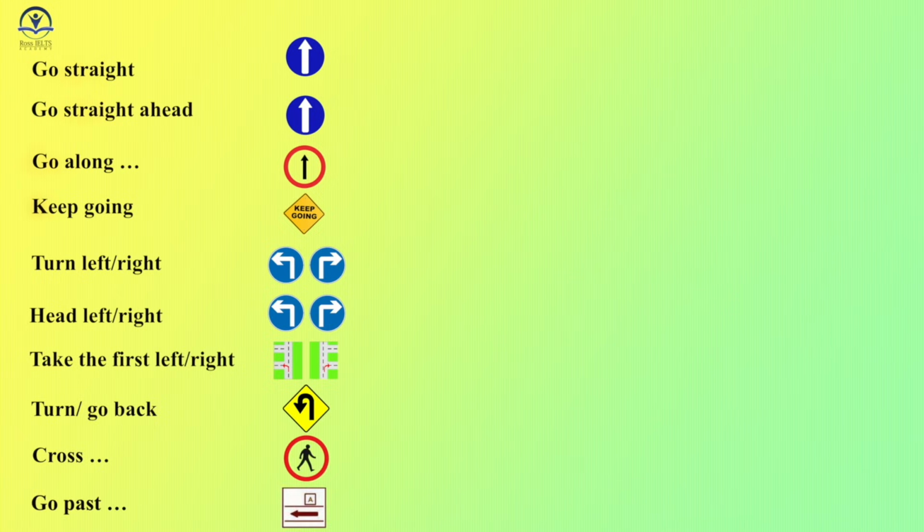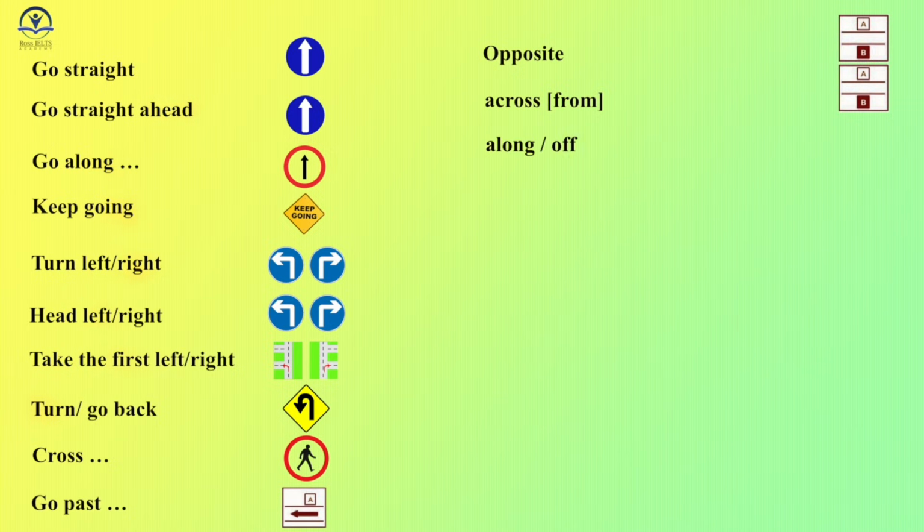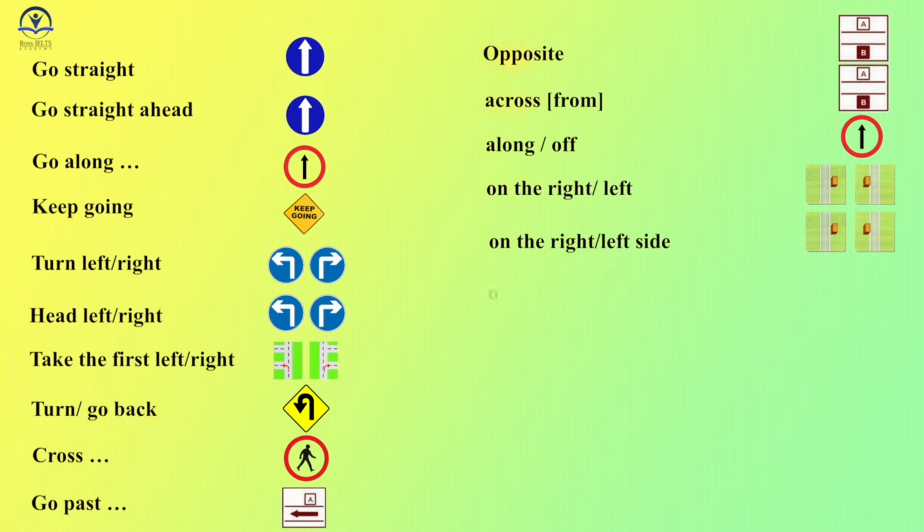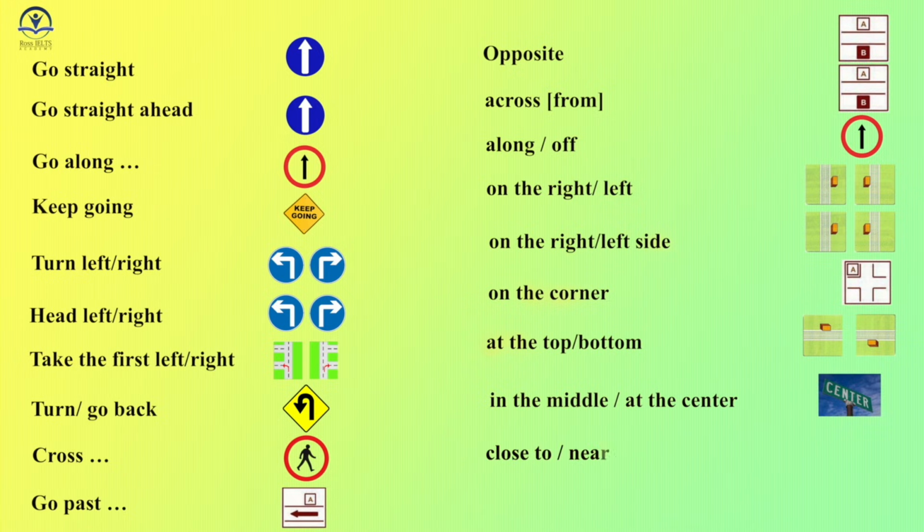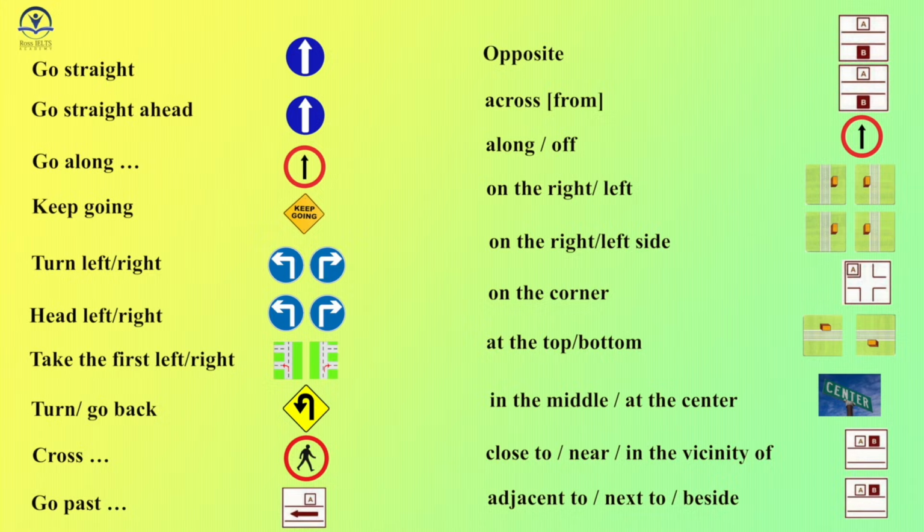Besides, you should understand the direction the speaker gives you, like go straight ahead, go along, keep going, turn left or right, head left or right, take the first left or right, turn or go back, cross, go past, and also the common language related to locations like opposite, across, from, along or off, on the right or on the left, on the right side or on the left side, on the corner, at the top or at the bottom, in the middle or at the center, close to, near, in the vicinity of, adjacent to, next to, beside, etc.